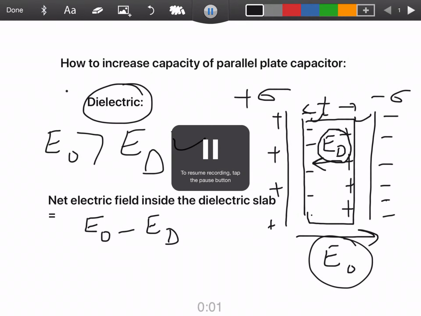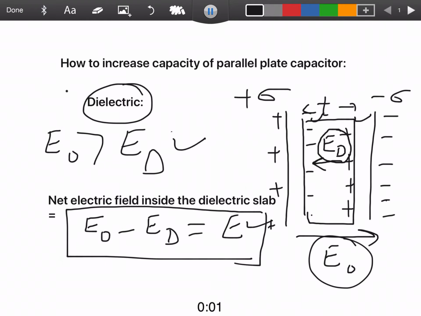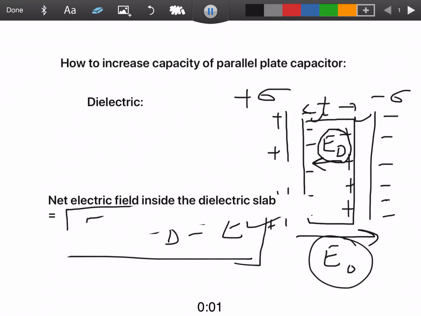Now let the subtraction of these two values, E naught and ED, be equal to E. Let the net electric field inside the dielectric slab be E. Now this E will be equal to E naught minus ED. So this is the point that we need to keep in our mind before proceeding. Next, let us start the derivation.